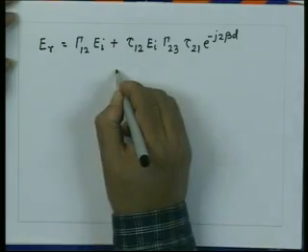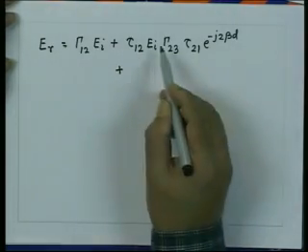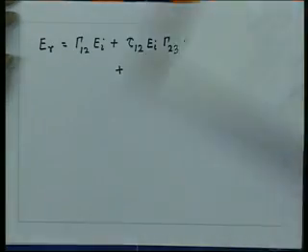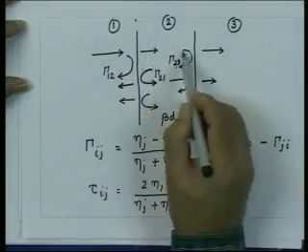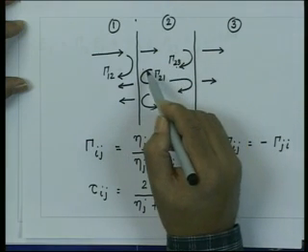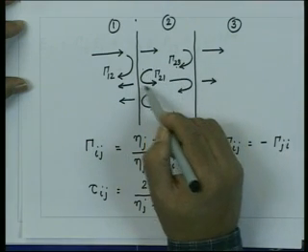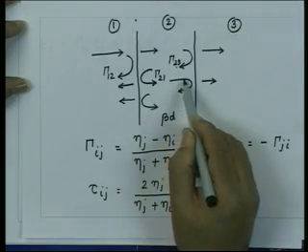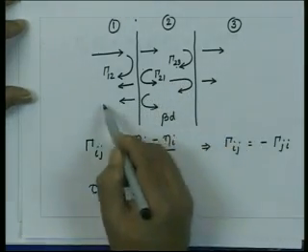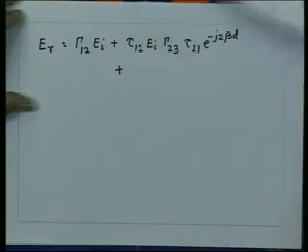The next term would be whatever has come here, this will be tau 1 2 plus gamma 2 3 gamma 2 1 gamma 2 3 and tau 2 1. So, we can write that.